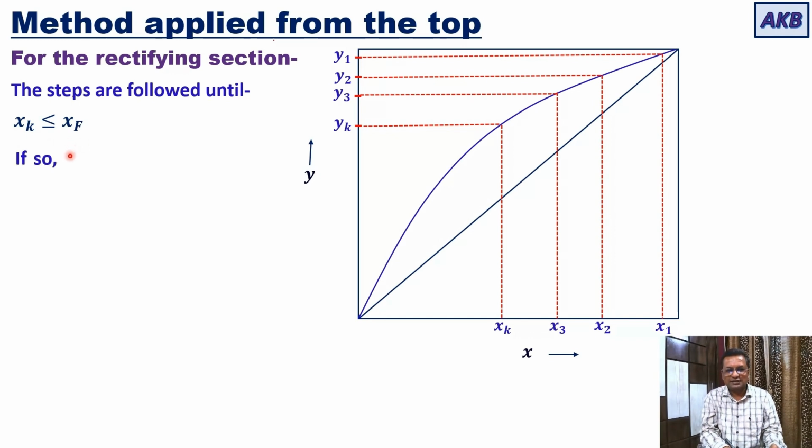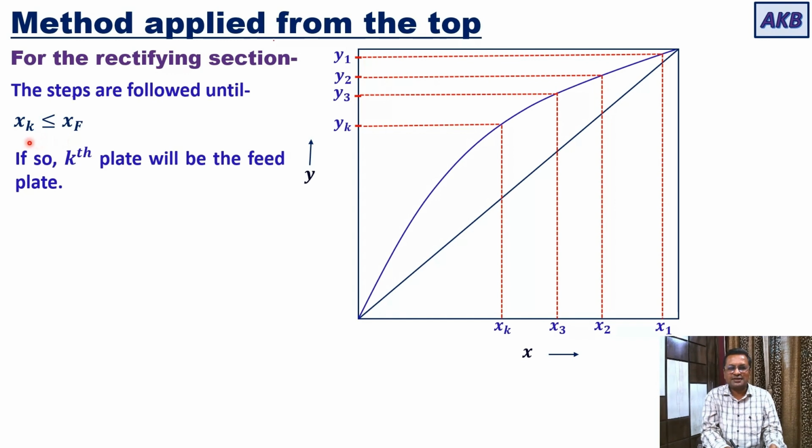So if this happens, then you can declare that the kth plate is the feed plate, because on the kth plate you have calculated the value of xk and you are finding it to be less than xf. What is xf? The composition of the feed, the mole fraction of the more volatile component in the feed.